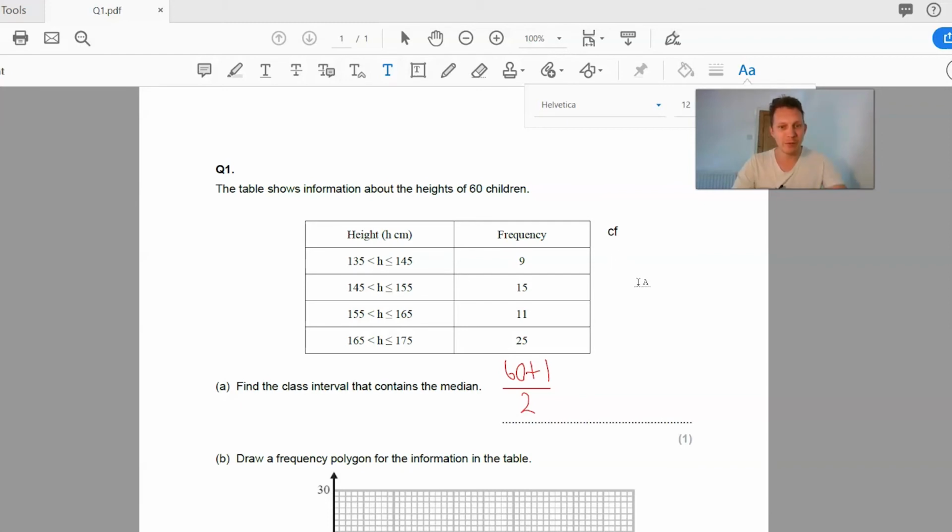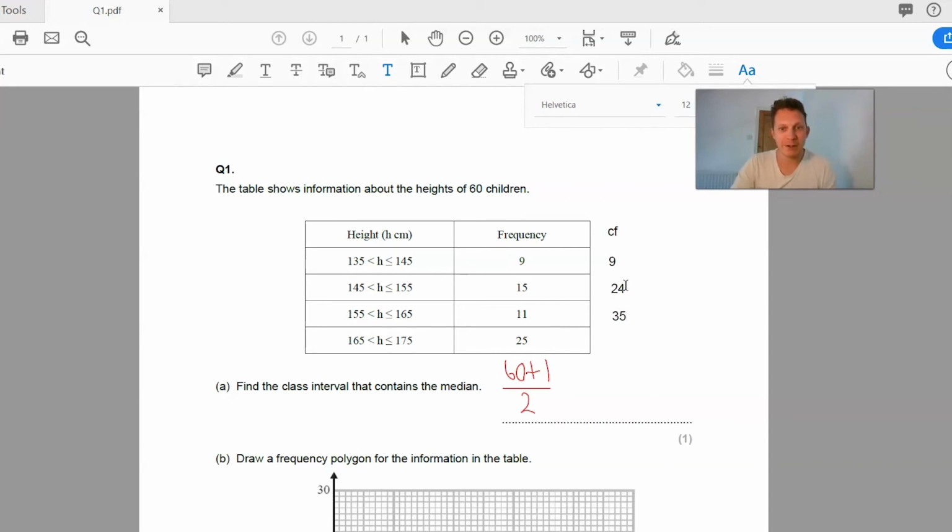Okay, so first of all, 9 add nothing is 9. And then I'm going to add the next one to it. So 9 add 15 is going to give us 24. Okay, 24 plus, I haven't gone over the 30th and 31st person yet, so I'm going to go to the next one. So 24 plus 11 is going to give me 35.